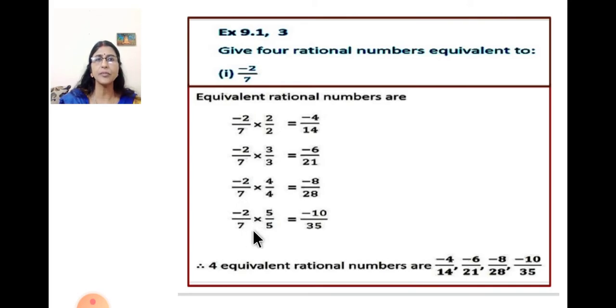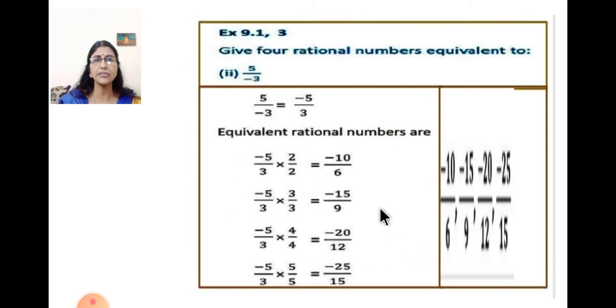Then both are multiplied by 5, so you will get minus 10 upon 35. So the 4 equivalent rational numbers are minus 4 upon 14, minus 6 upon 21, minus 8 upon 28, and minus 10 upon 35. This way you have to find equivalent rational numbers.